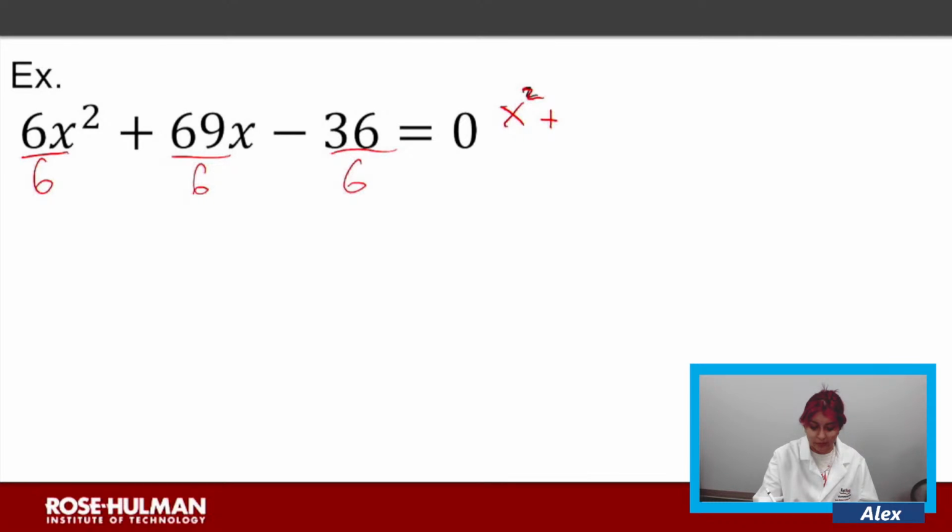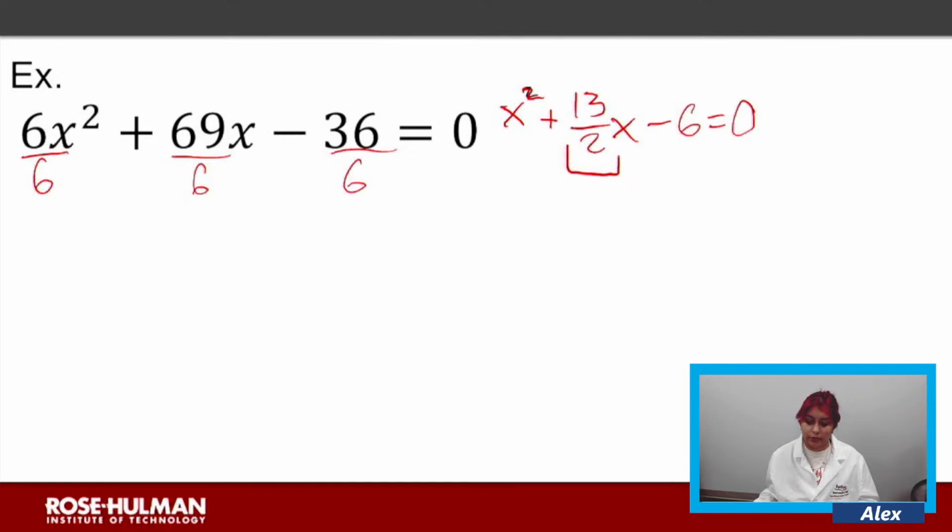This one is going to give me, I believe it is 13 over 2x minus 6 equals 0 as our new equation. So now we have a b as a fraction, which might look intimidating, but it's going to be the same process as before. We rewrite this equation just like we did before, moving c to the other side. And we get x squared plus our new b, 13 over 2x, equals 6.